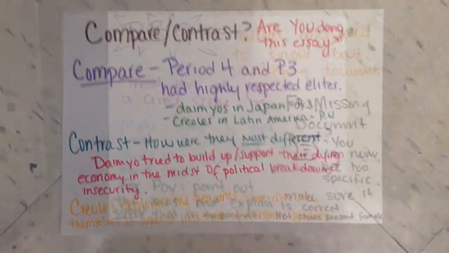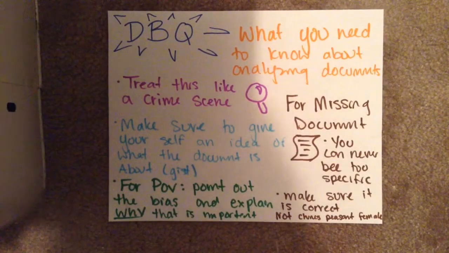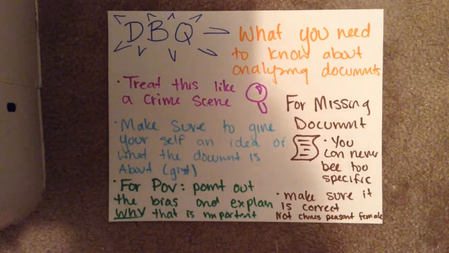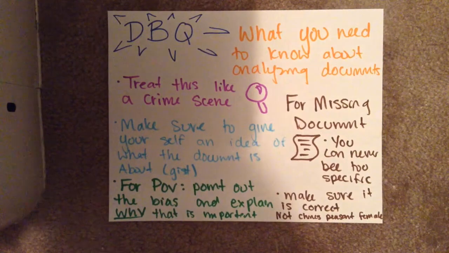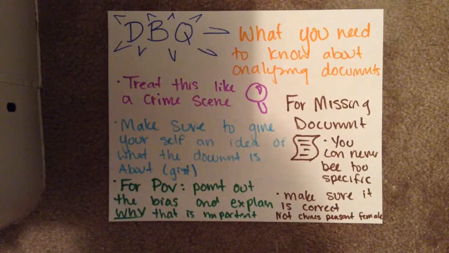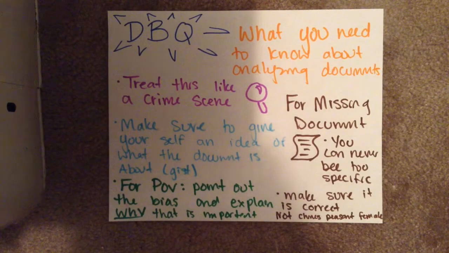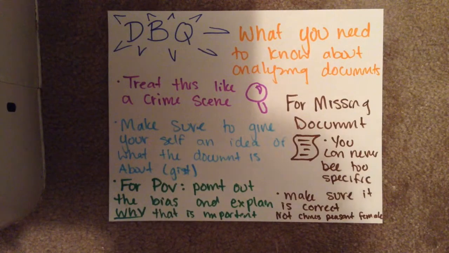And that's it. So when you take the DBQ, an important part and the main part of the essay is to analyze these documents and draw conclusions based on that. So what you need to know when you're analyzing these is to treat it sort of like a crime scene.